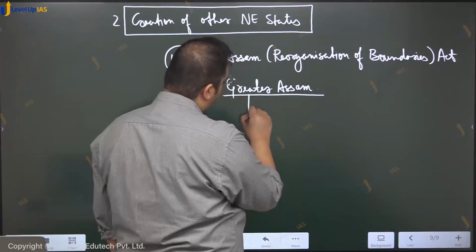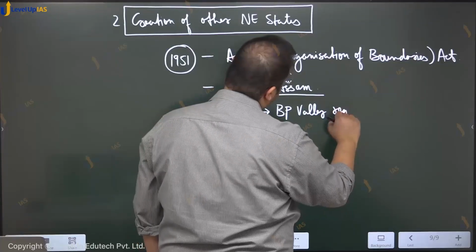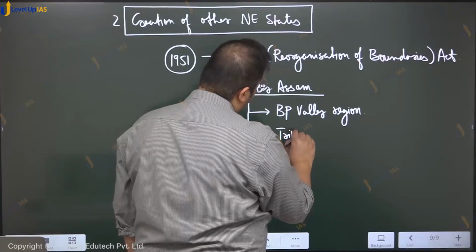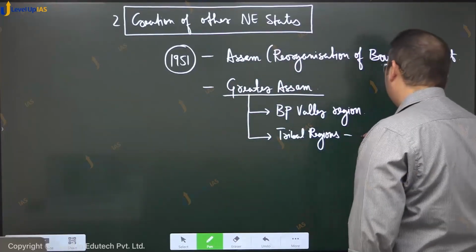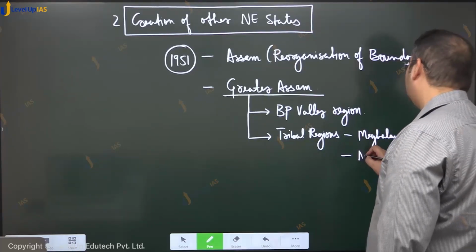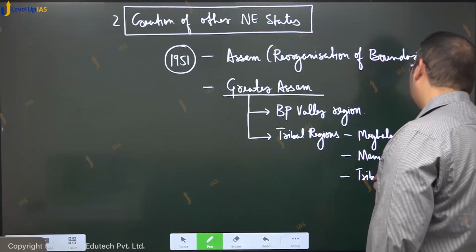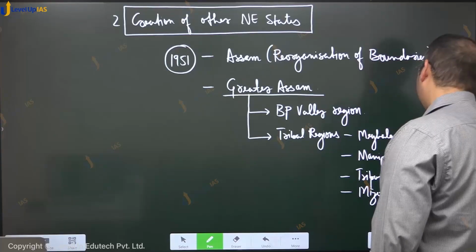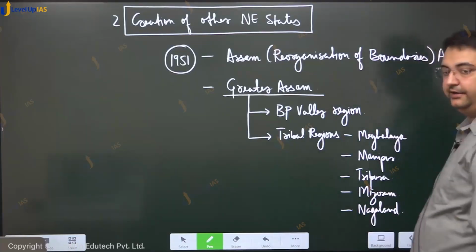consisting of the mainstream Brahmaputra Valley region, and the tribal regions such as present day Meghalaya, Manipur, Tripura, Mizoram, and Nagaland, right?